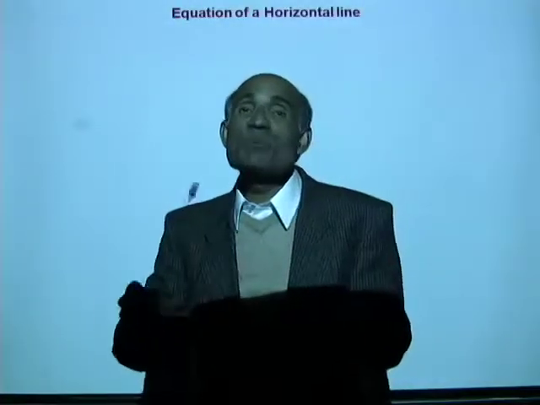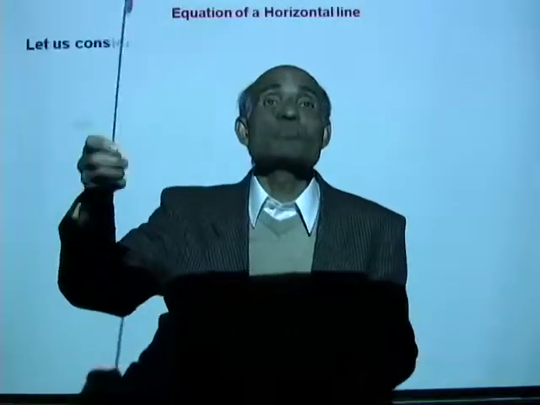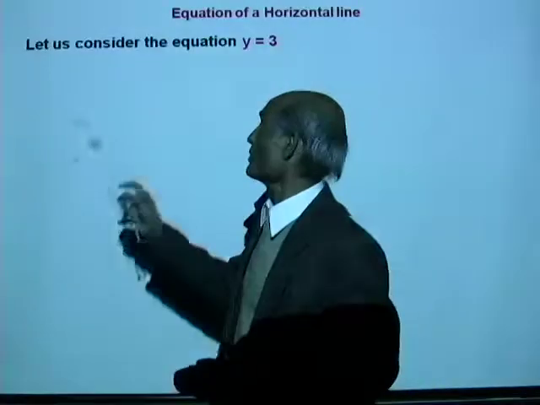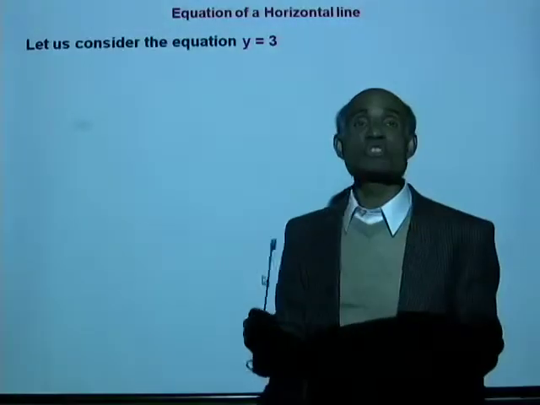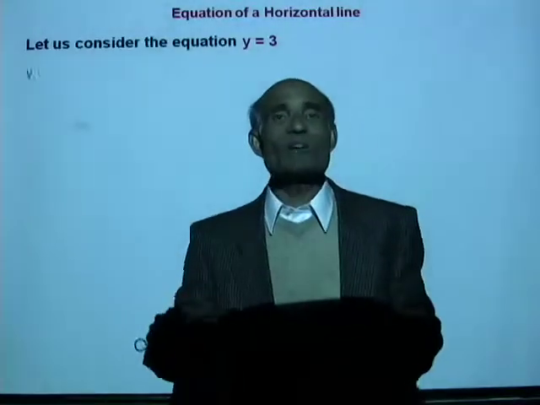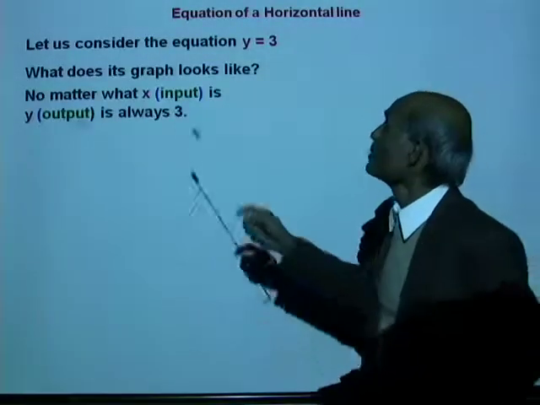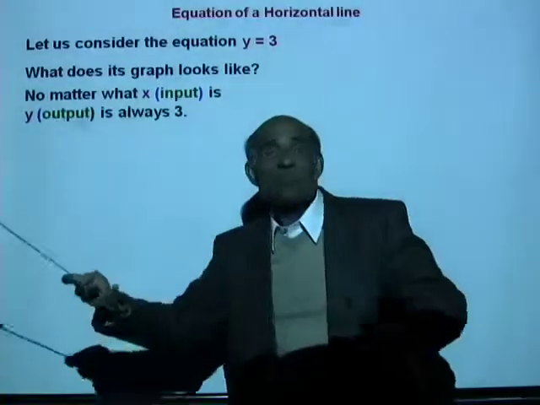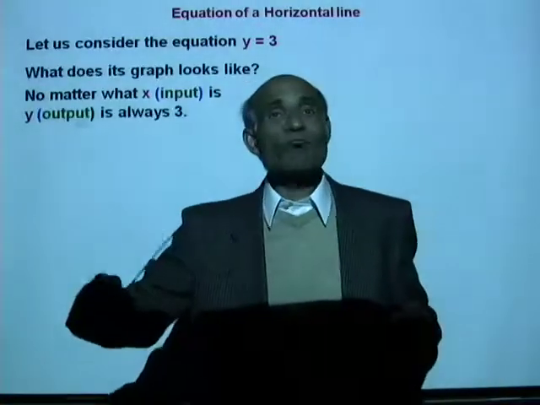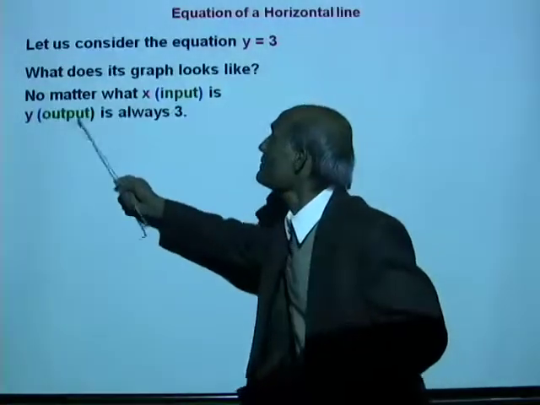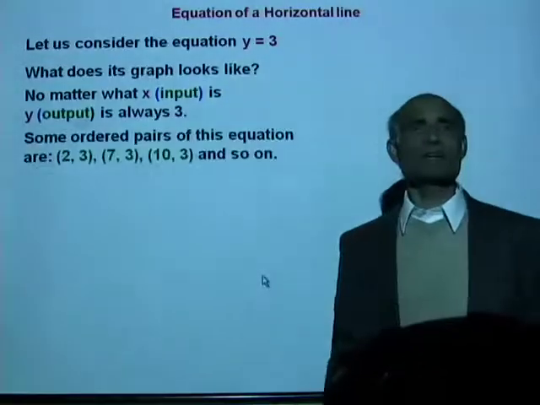For any input you can think of, the output will be a constant. For example, consider the line y equal to 3. What does the graph look like? No matter what the input is, no matter what the value of x is, y, the output, is always 3.